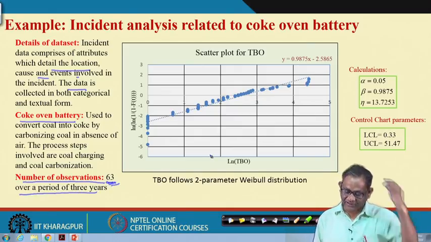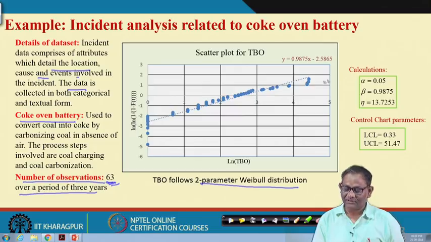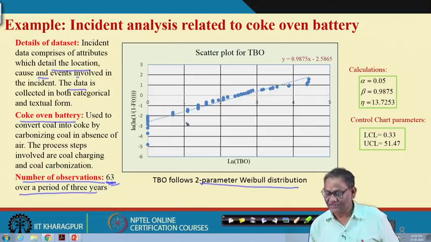Then we checked whether this data follows the 2-parameter Weibull distribution or not. We plotted it and found that the plot resembles a straight line pattern, so we say it is Weibull distributed.